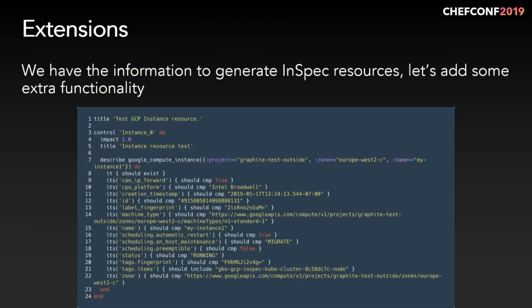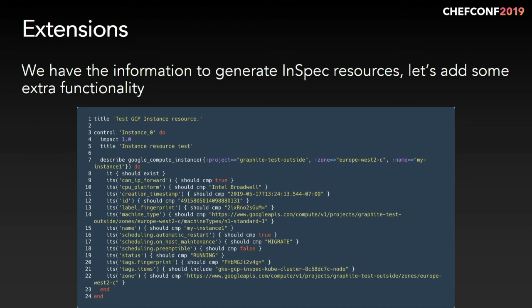So another thing that Magic Modules gives us is a single place to make edits to all of the generated resources. So I had a demo yesterday, pretty early on in the day, where I showed off something that I had made with Magic Modules, where I have a GCP environment and want to write InSpec controls based on that environment.